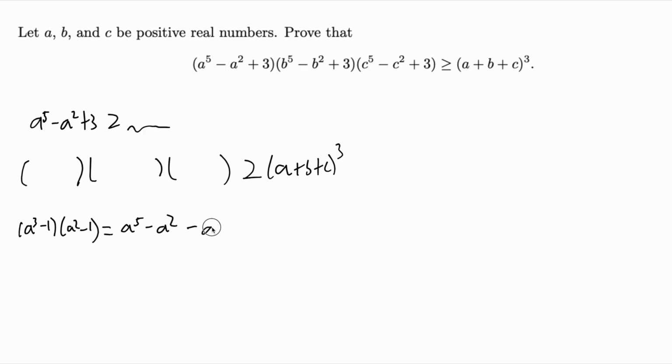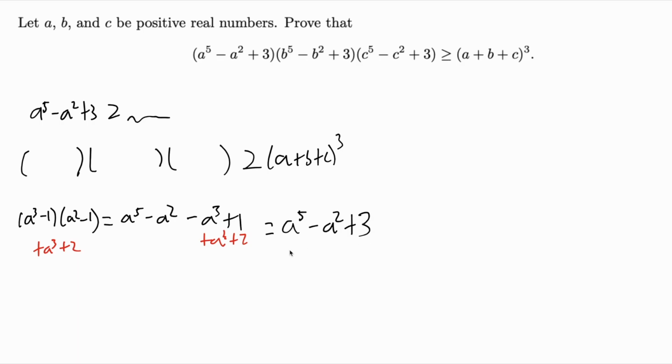But we have additional terms, which are negative a cubed and plus 1. So if we just add a cubed and then plus 2 on both sides, then we will just get our original one, which is a to the power 5 minus a squared plus 3. So this is true. That means we can do something from here.